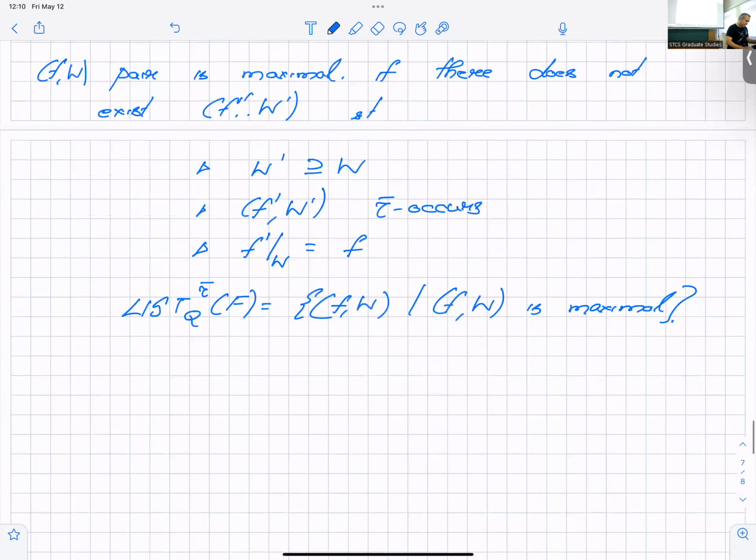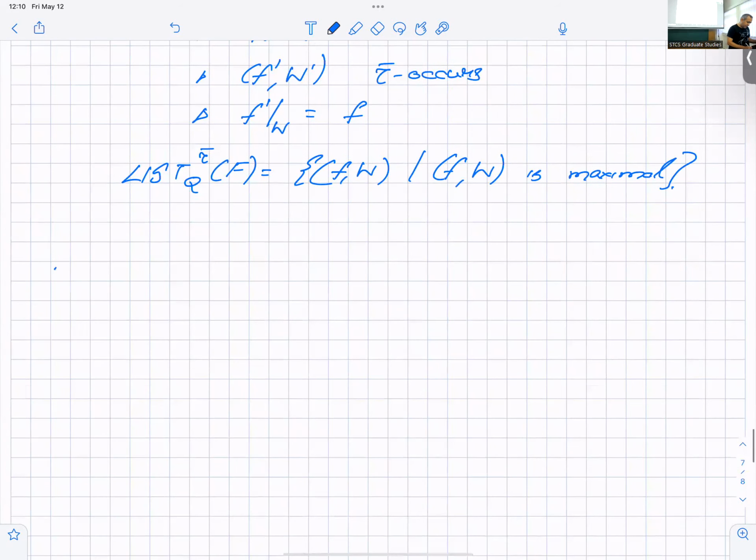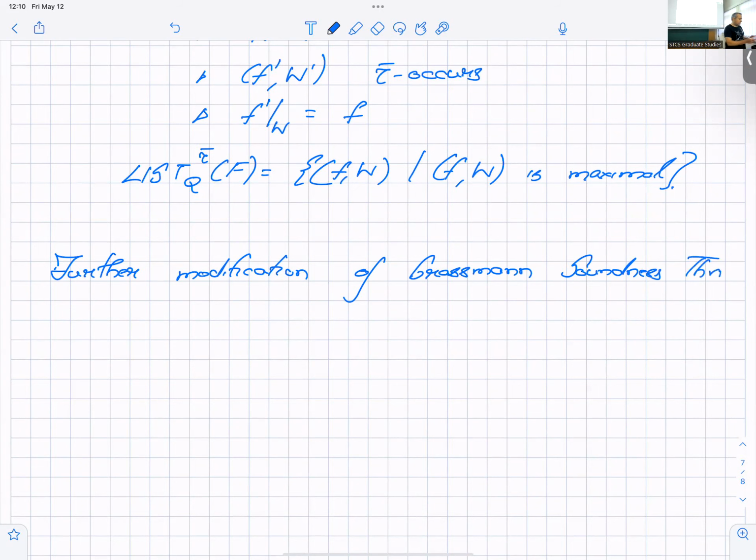And then the further modification of the Grassmann harmonious theorem is the following.